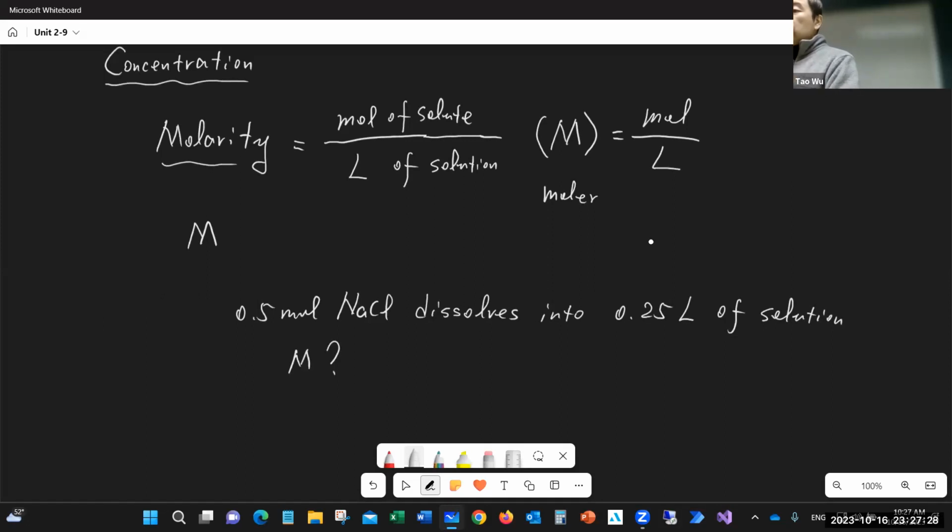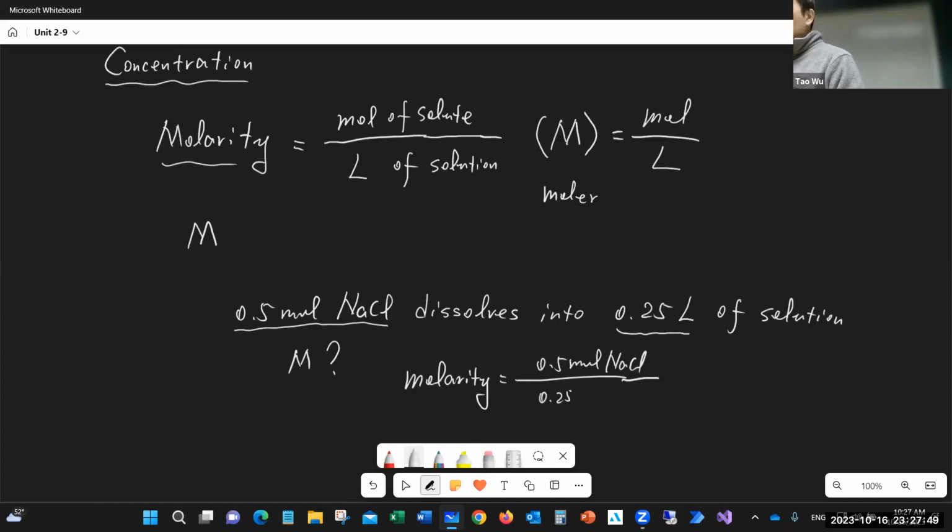In general, the molarity is equal to moles of the solute, which is 0.5 mole of sodium chloride, divided by liters of the solution, which is 0.25 liter.